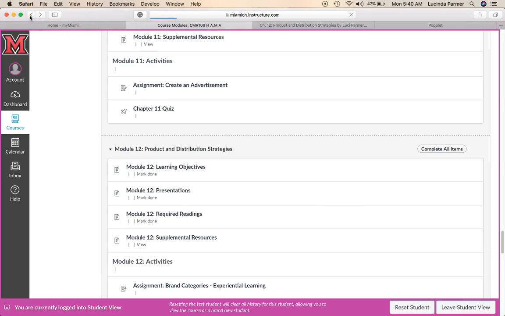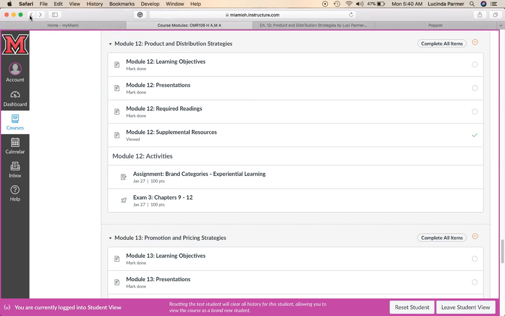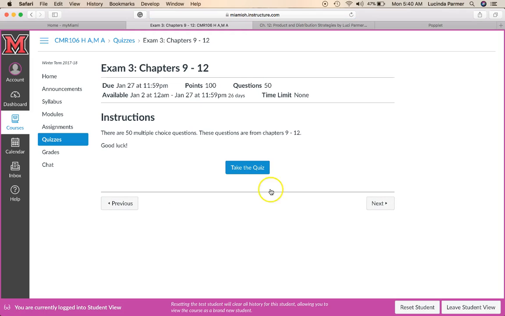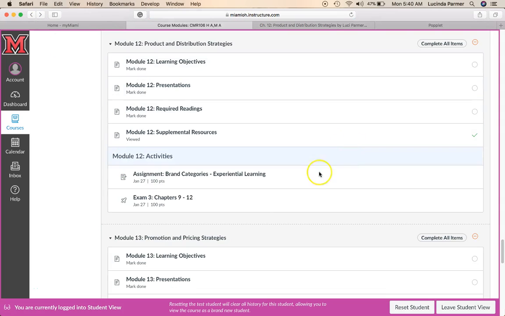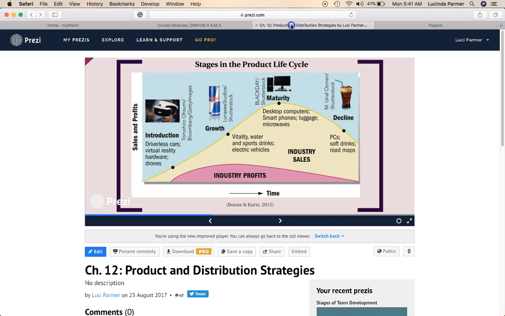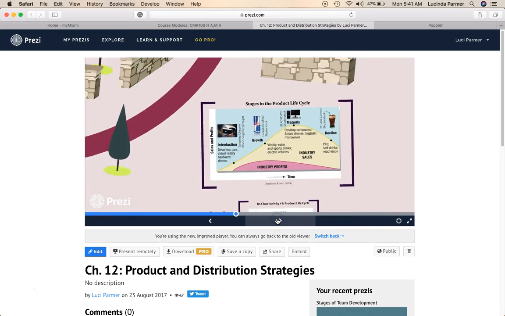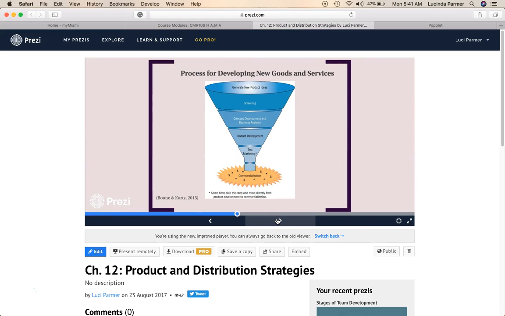In Module 12, you also have Exam 3. Exam 3 is going to cover chapters 9 through 12. You're going to have 50 multiple choice questions. And that is your Module 12. Just be sure that you are looking through everything. We have a few more minutes.